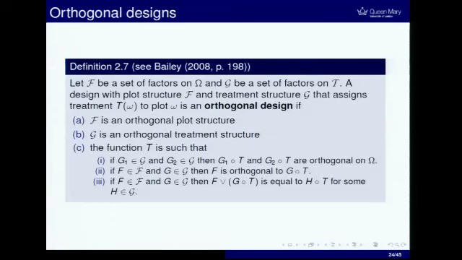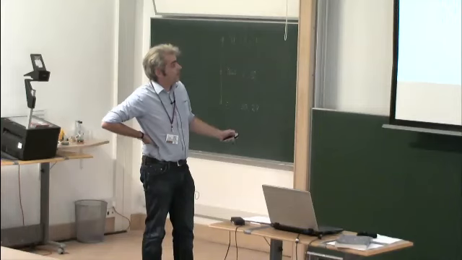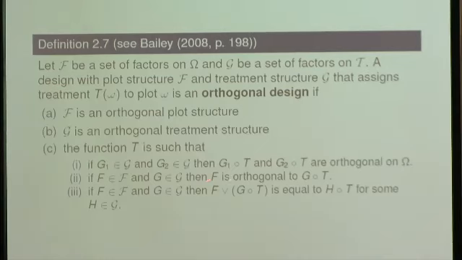If we do that, then for any two G1 and G2 in our set curly G, the factors regarded as factors on omega should remain orthogonal if the original factors were. Then we also have here that if we have the plot factor on omega and a treatment factor on T, then the plot factor is orthogonal to the composition G after T. So if we again regard G as a plot factor.